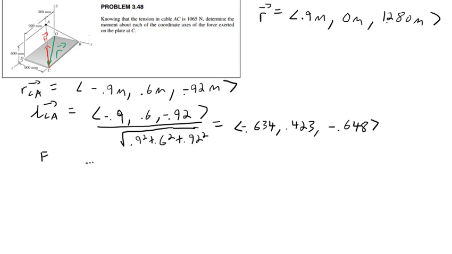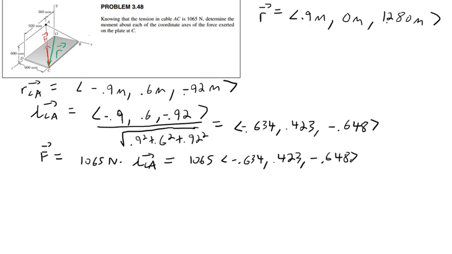Yep, okay, thank you. So the force vector then is just going to be 1,065 newtons times lambda CA, which is 1,065 times all this: negative 0.634, comma 0.423, comma negative 0.648.